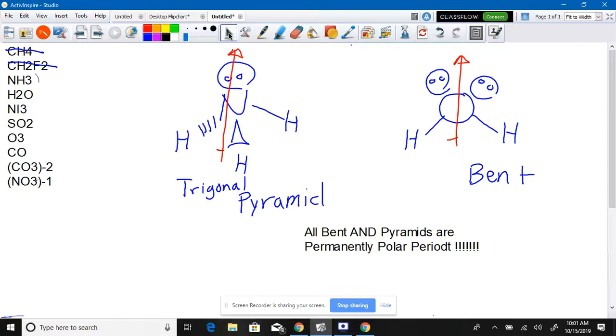Bent and pyramids are polar, period. All of them in the universe are polar. That's it.